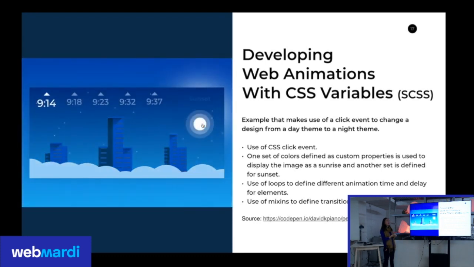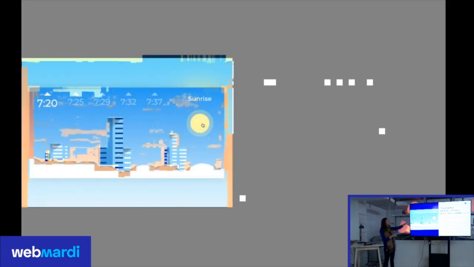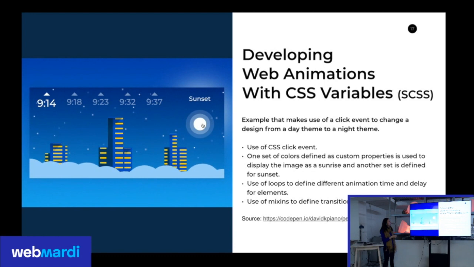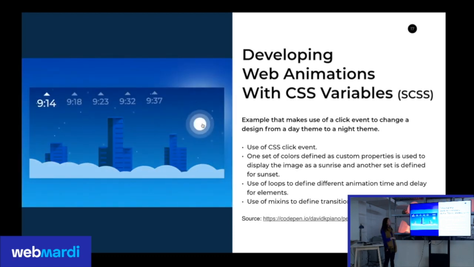So it's a sort of hack. Instead of using a JavaScript event, you have a CSS event. When you click on the sun, it goes from sunset to sunrise. And again, here you use custom properties to define the colors of the different elements of the image.